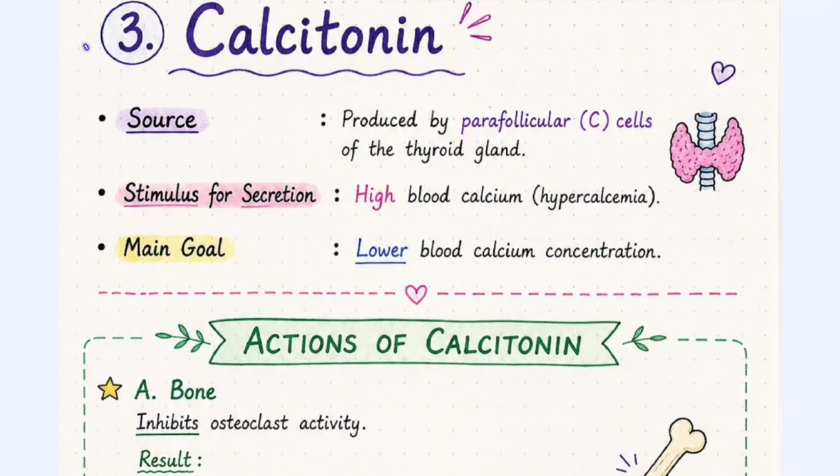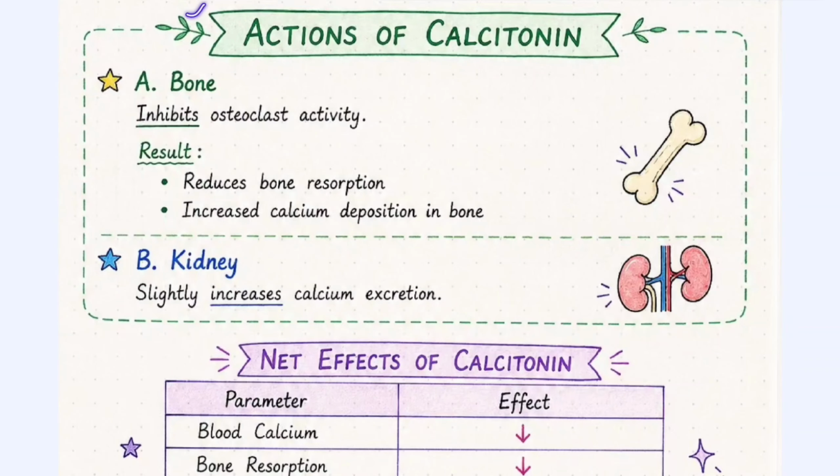The third hormone is calcitonin. It is produced by parafollicular cells, which are called the C cells of the thyroid gland. Stimulus for secretion: high blood calcium level stimulates the secretion of calcitonin. It means in hypercalcemia, calcitonin is secreted. Main goal is to lower the blood calcium concentration. Now, what is its action?